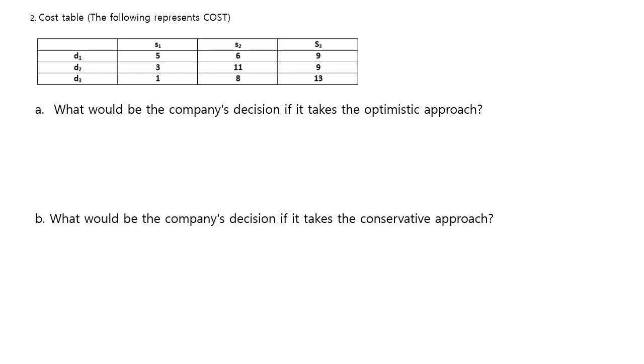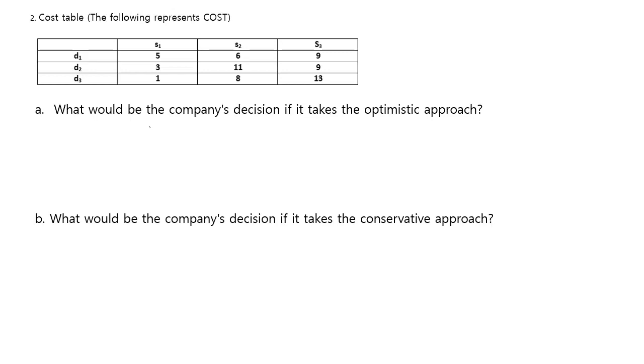And when the table represents the cost, the optimistic approach, conservative approach, and also the regret tables, all these things have a different meaning, because now the smaller is the better one. And since it's confusing, I decided to make a separate video for this case.